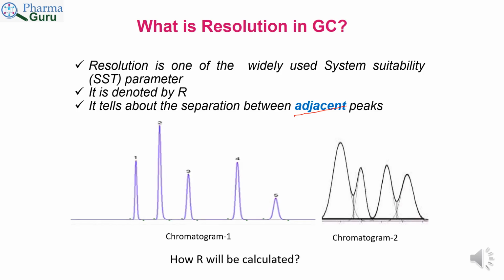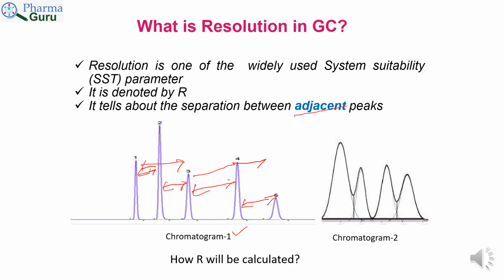See chromatogram 1. Peak 1 and peak 2 are adjacent peaks. Peak 2 and peak 3 are adjacent peaks. Peak 3 and peak 4 are adjacent peaks. Peak 4 and peak 5 are adjacent peaks. Peak 1 and peak 3 are not adjacent peaks.